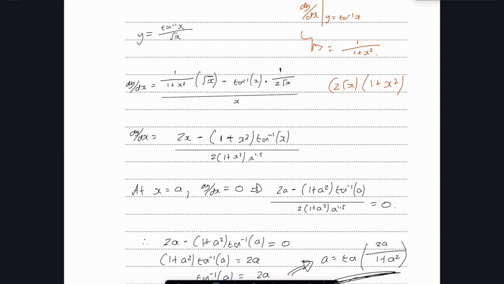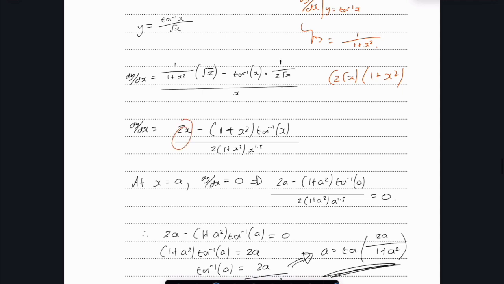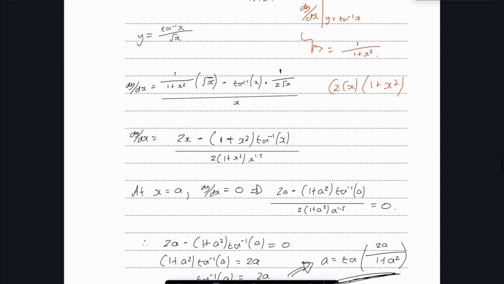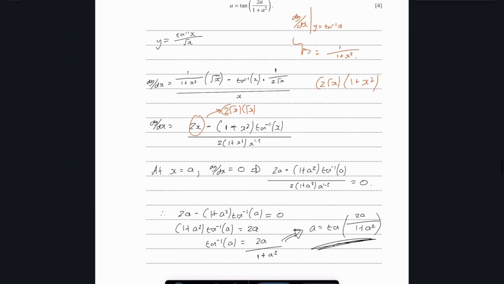So 2x times root x, that's 2x. And you apply the same logic for the following and then drop as well. I made that bit a bit quick just to save time, but we keep simplifying, we plug in a, and then we get a is equal to tan of 2a over 1 plus a squared.